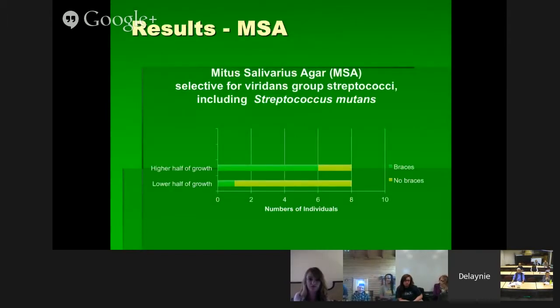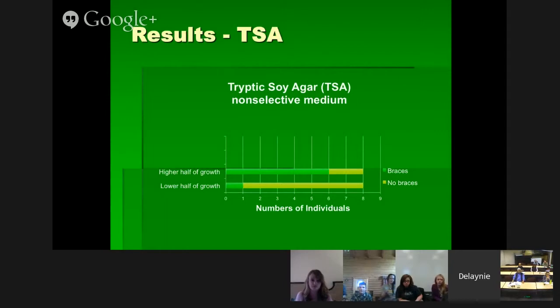So here's our result. Our first plate was the Mitis salivarius agar, which is our selective medium for the Viridans streptococci group, including our specific bacteria, the Streptococcus mutans. And here's our graph. Our next plate was a non-selective medium, which is the tryptic soy agar, also known as the TSA plate.